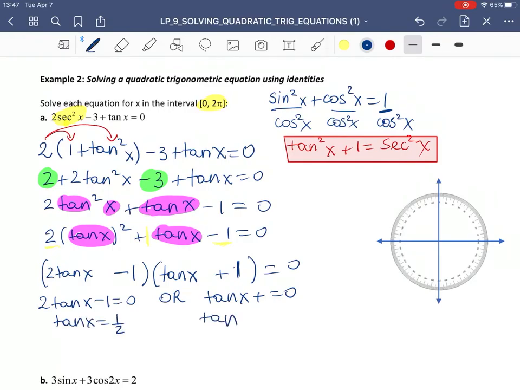So tan x equals 1/2, or tan x equals negative 1. So x equals inverse tan 1/2, or x equals inverse tan negative 1.